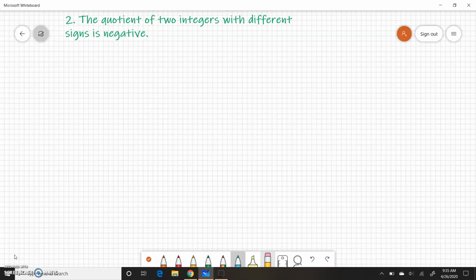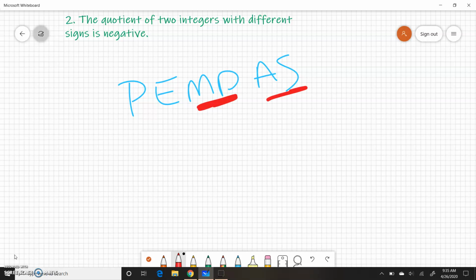So first at the top, I'm going to write my PEMDAS so I remember what order I do things in. And you need to remember that multiplication and division go together and addition and subtraction go together.